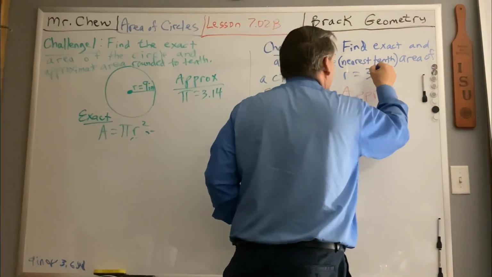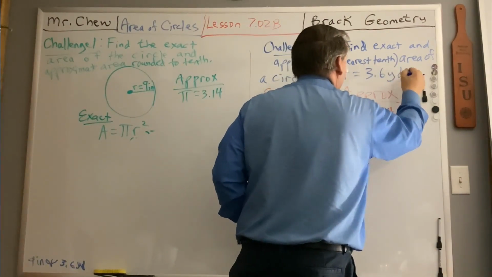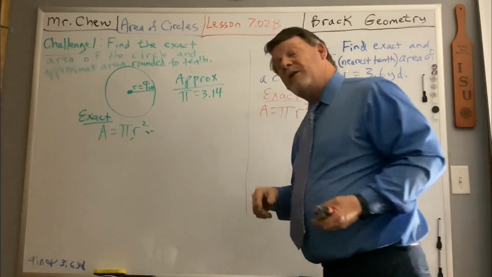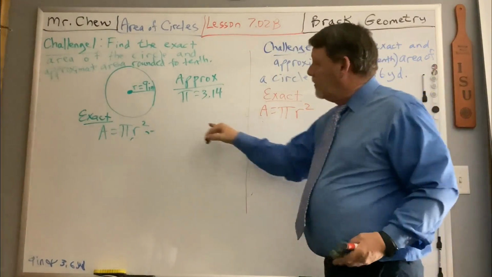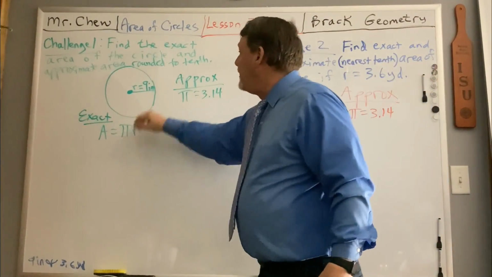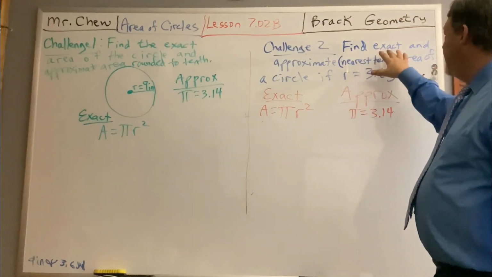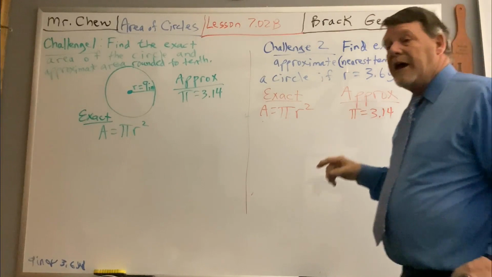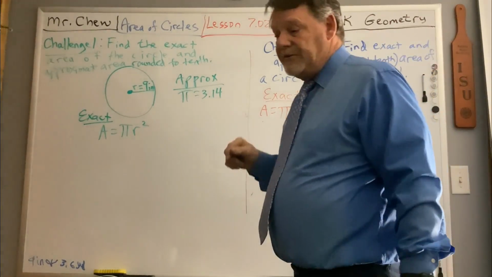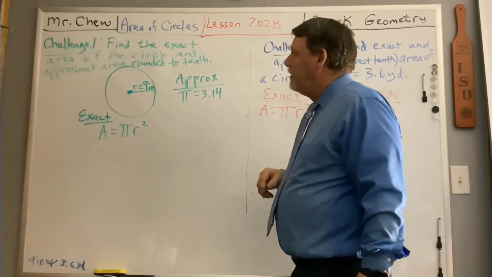The radius is 3.6 yards. So find those 2, find exact, and then round to the nearest tenth. Exact, and then nearest tenth. Remember, exact always has it listed in terms of pi.